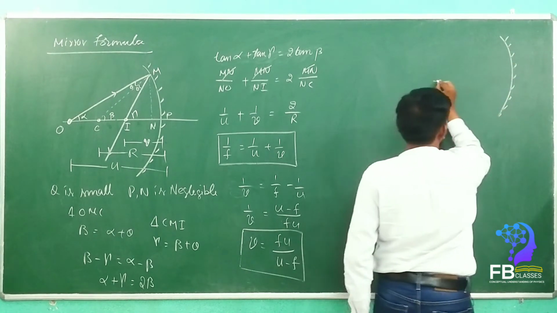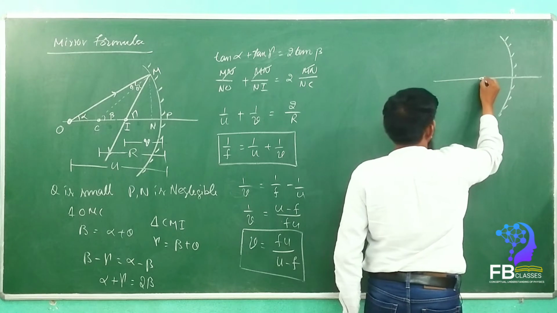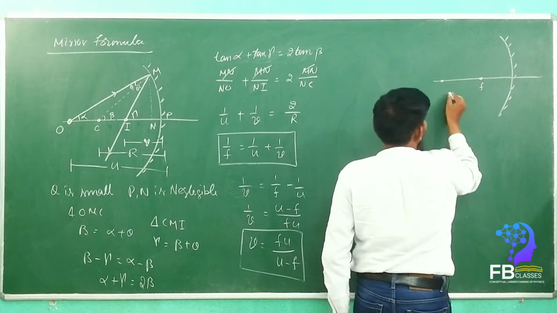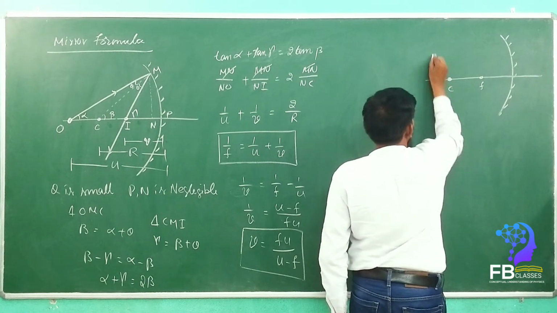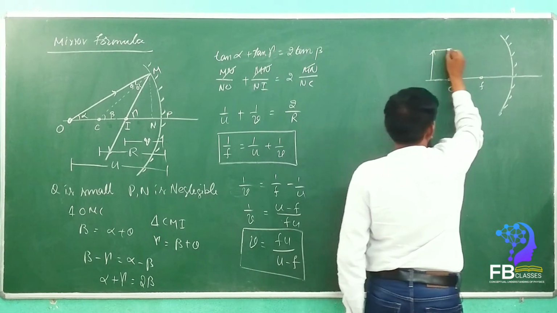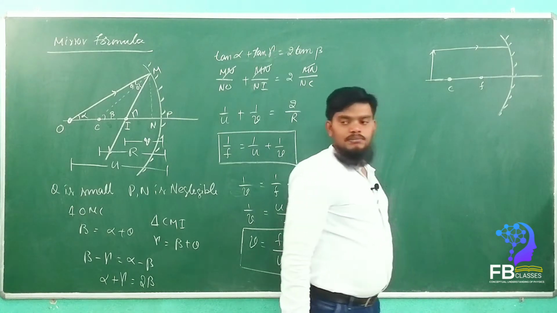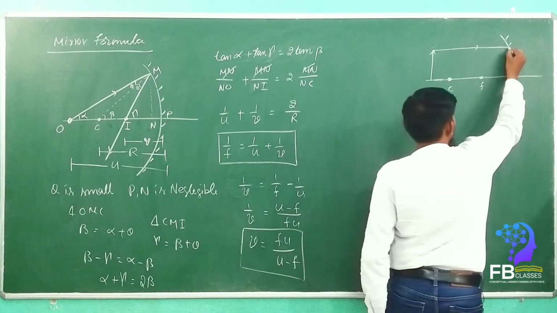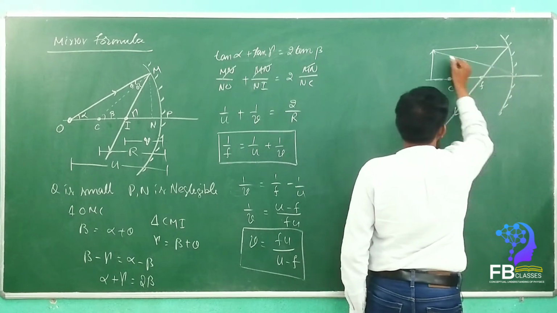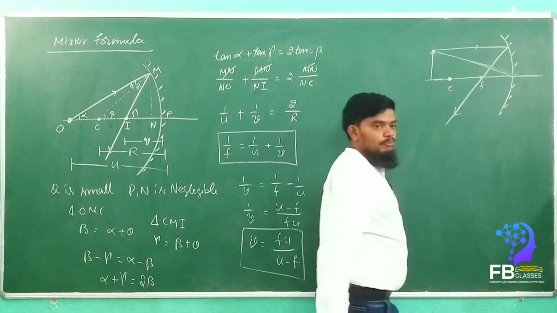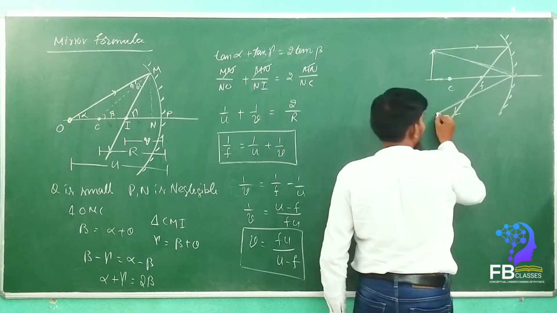See here, this is the concave mirror. Let's see, this is f and let us take this as c. Now the object is placed here, an extended object. When the light rays travel parallel to the principal axis, they pass through the principal focus. Yes or no? The second rule, when the light rays travel through the pole, they will be reflected back to the pole.